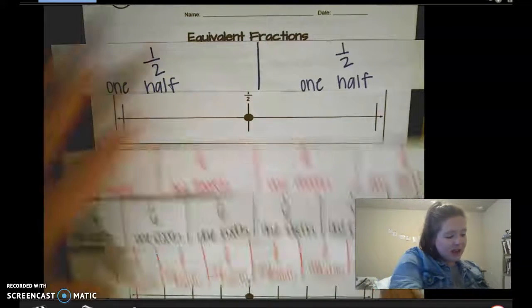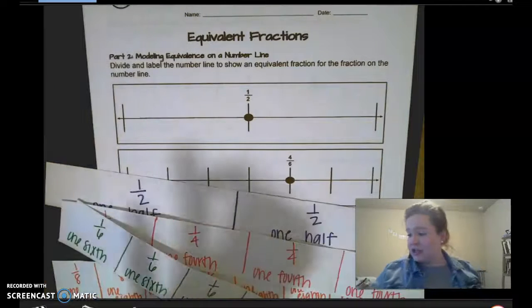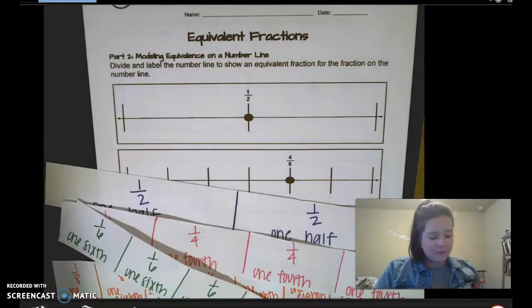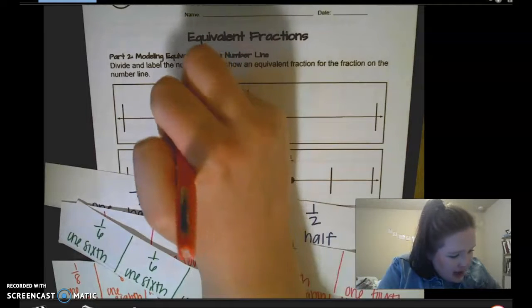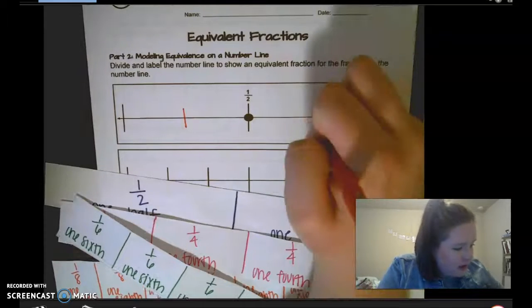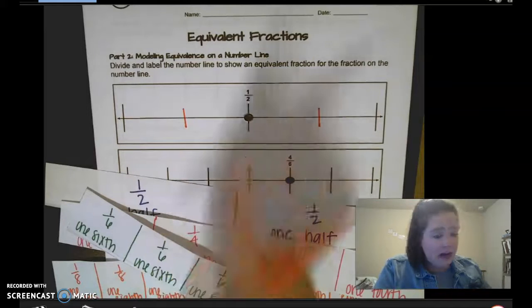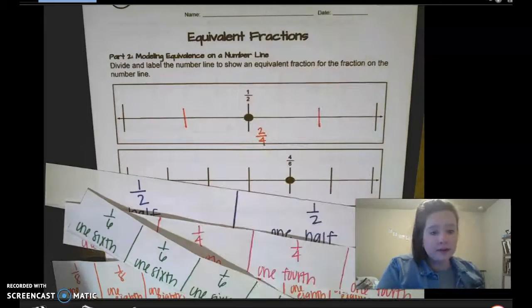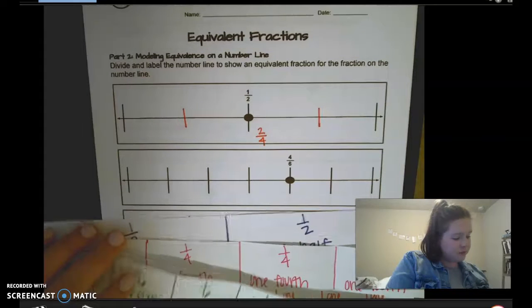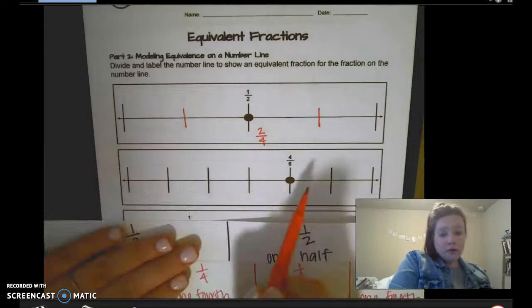So because it's easy to divide this into fourths, that's what I'm going to do. So I'm going to cut that in half, and I'm going to cut that in half. All right? So now that I cut that in half, yes, this is 1/2, but it is also 2/4. Okay? So now I'm going to do 4/6.